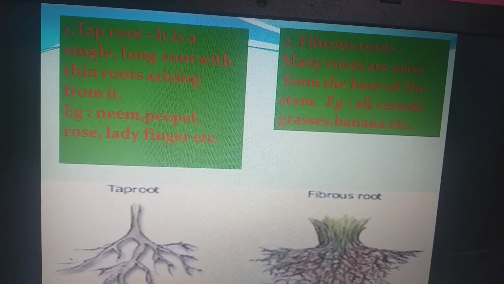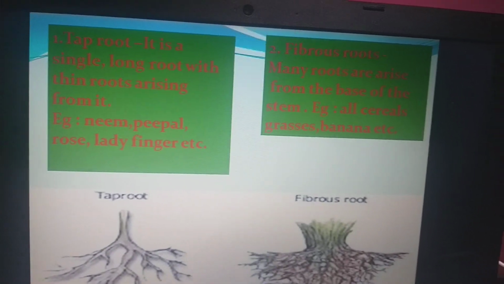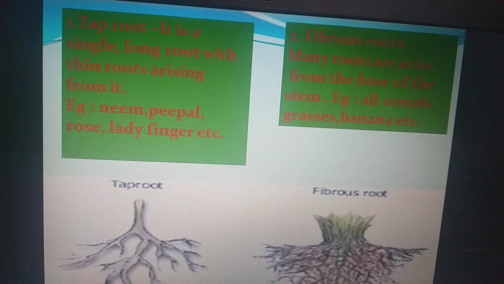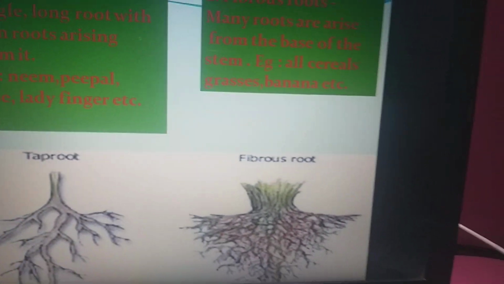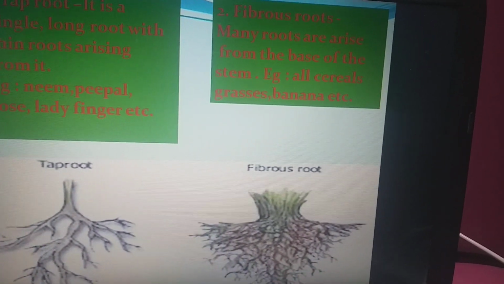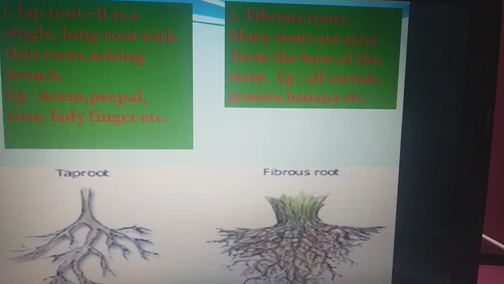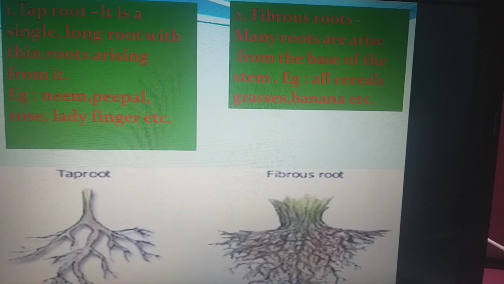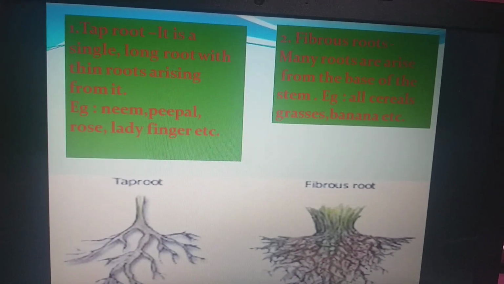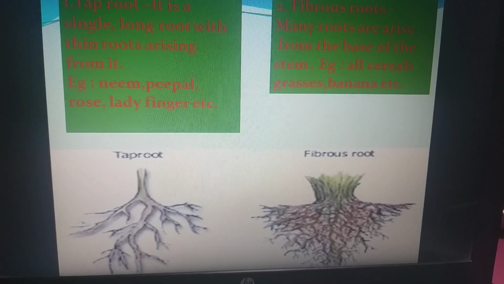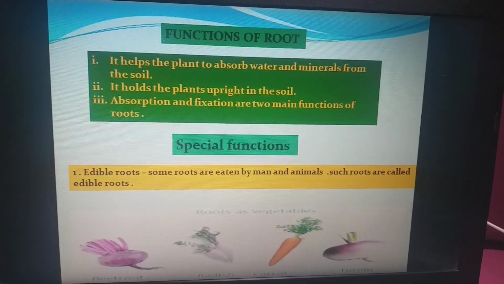You can see that long roots are arising. Long thin roots are arising from it. But in fibrous root, for example, grasses have fibrous root. If you pluck a grass from the ground, you can see the many small thin roots arising from the base of the stem. So this is the basic difference between taproot and fibrous root.